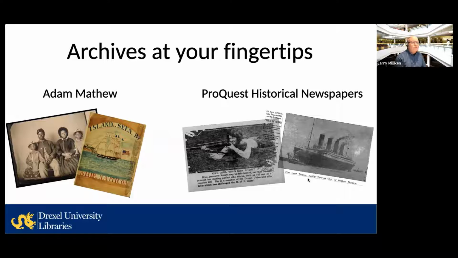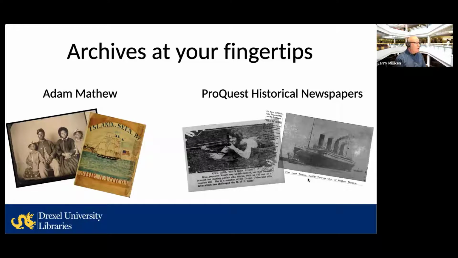So the Drexel University Libraries have access to a number of digital archival sources that are available to you. I'm going to talk about two of them. There are many more, and this will just hopefully whet your appetite for exploring what is available.